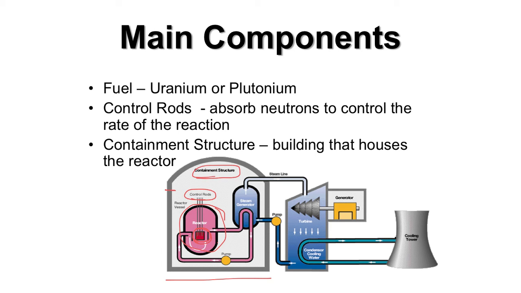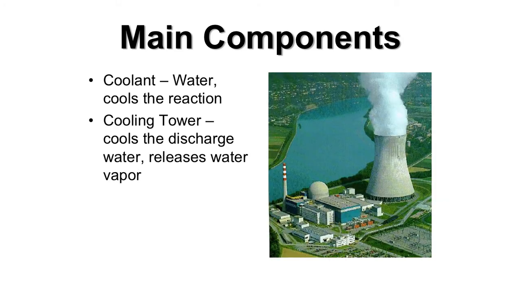So water is continuously pumped through, kind of the same idea as your radiator, where it pumps water through to absorb heat from your engine so it doesn't overheat. Water keeps getting pumped through to absorb the heat. And then you see the water vapor coming out of the cooling tower.